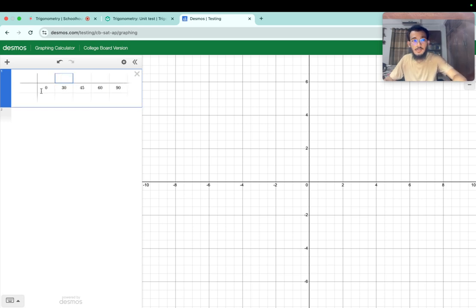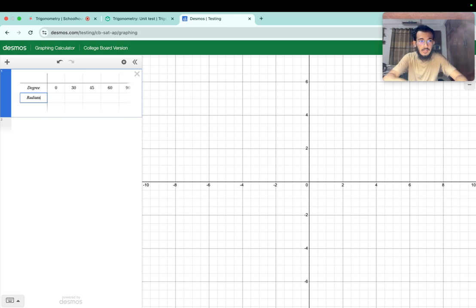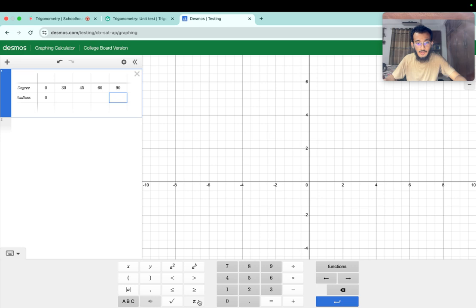Okay, so these values are in degrees, and we can also include the radians as well, which is 0 and pi by 2. Okay, 0, 30, 45, 60, 90, pi by 2.